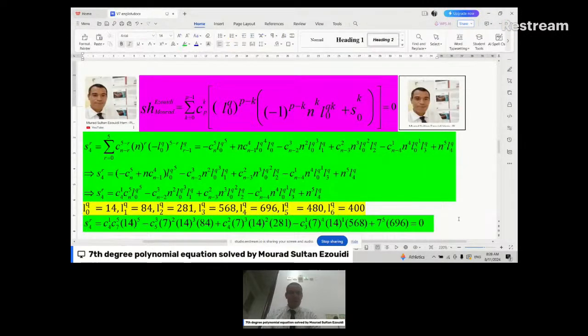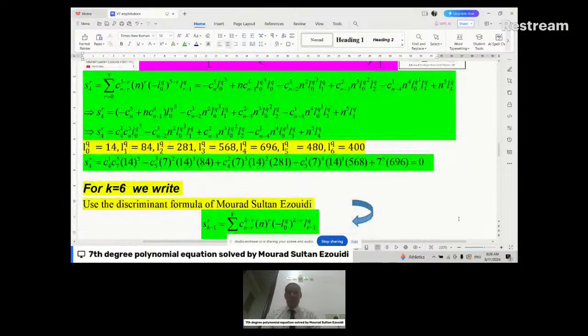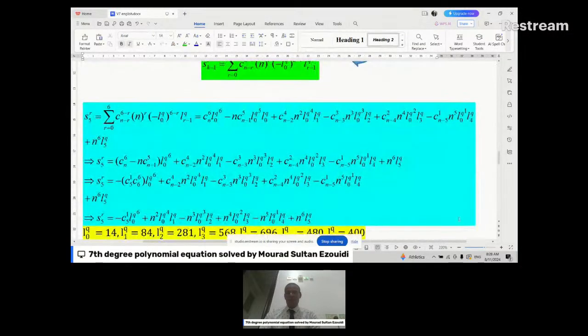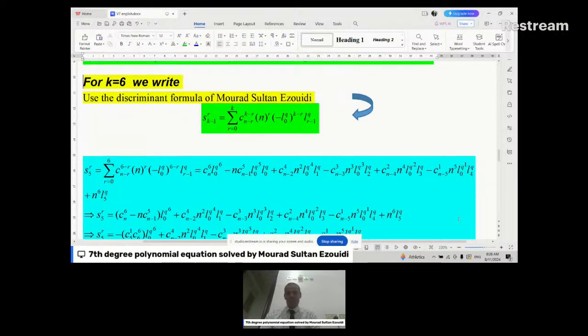Now we continue working on S5. To work on S5, learners, you should put k equals 6 in my discriminant formula of Mourad Sultan Ezouidi, which is written as S_{k-1} of r equal the sum from 0 to k of combination n minus r choose k minus r, n raised to the power r, between parentheses negative L0 for the q raised to the power k minus r times L_{r-1} of L0 for the q.